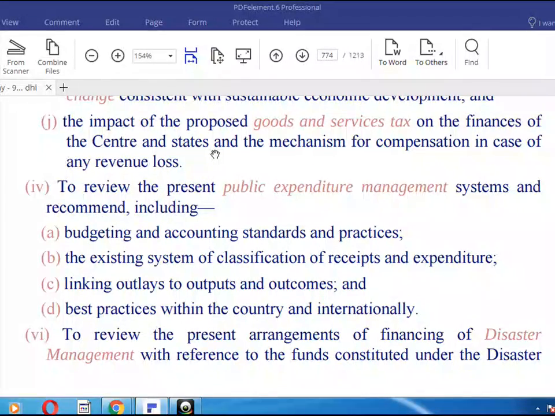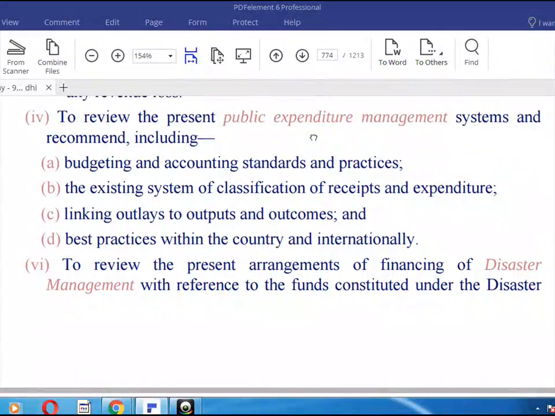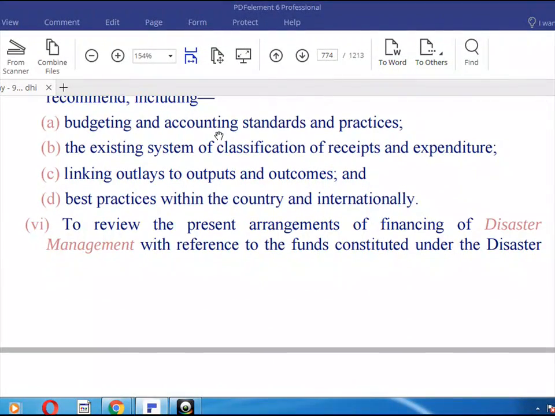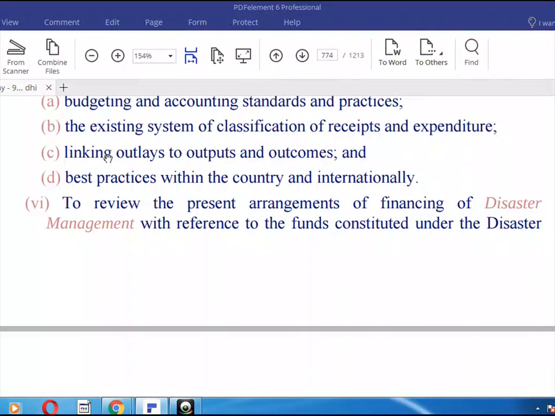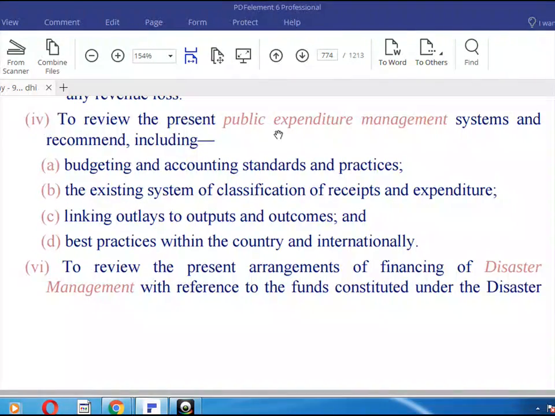any revenue loss. To review the present public expenditure management system and recommend changes, including budgeting and accounting standards and practices, the existing systems of classification of receipts and expenditure, linking outlays to outputs and outcomes, best practices within the country and internationally.